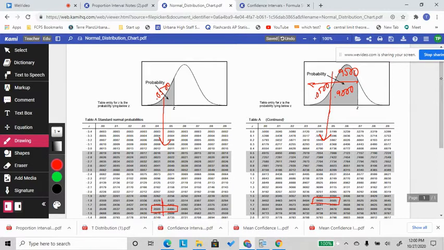Since it is exactly split in the middle between these two, it's in between 1.64 and 1.65. I'm going to split the difference, since it's 1.64 here and 1.65 here.